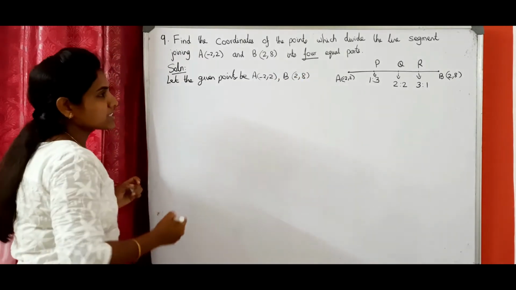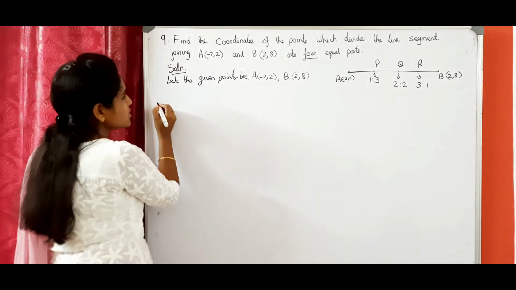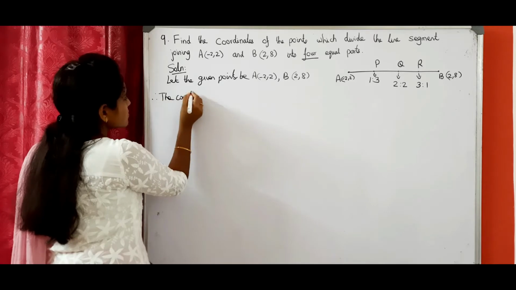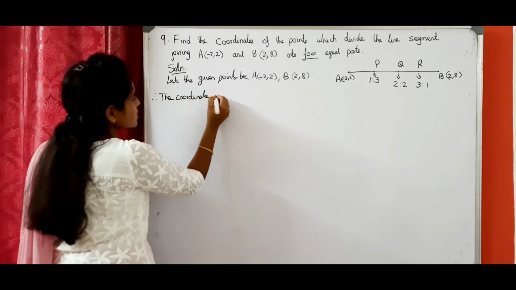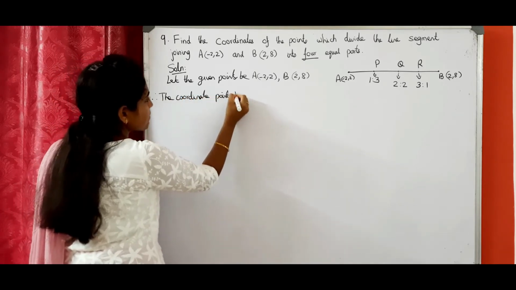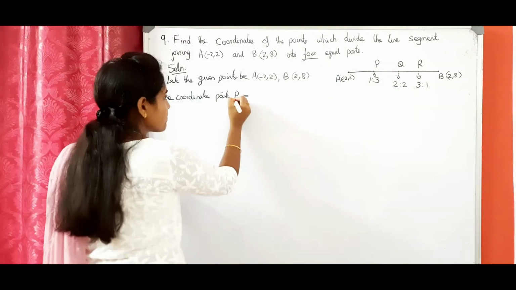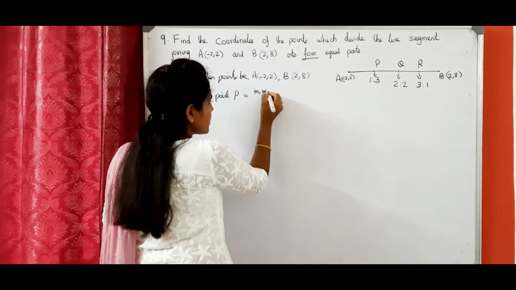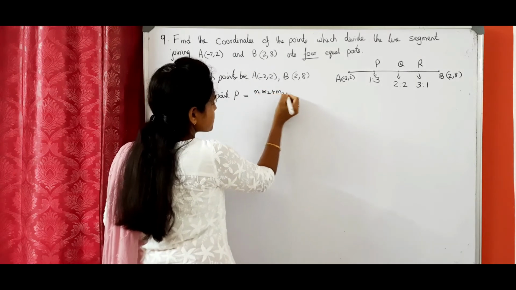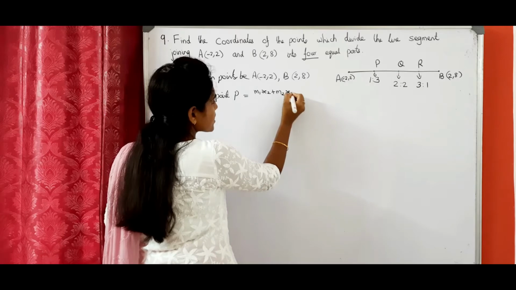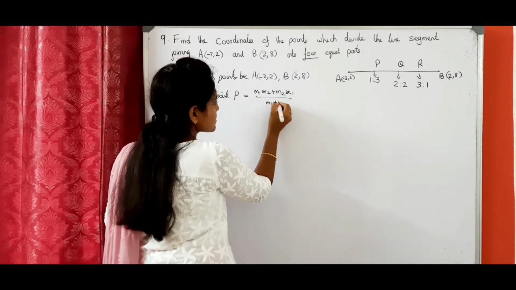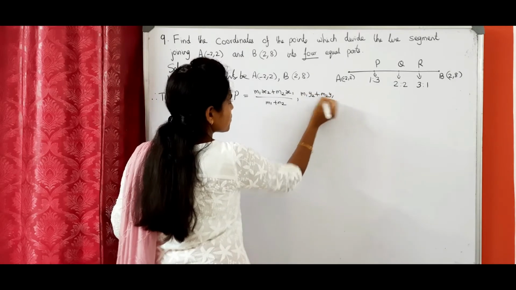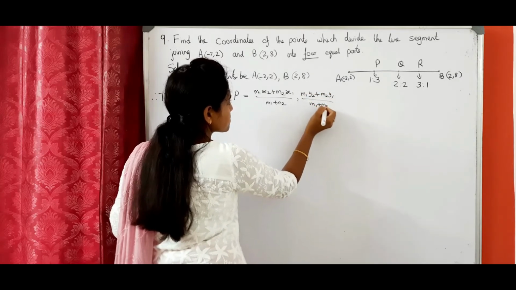We need to find first the coordinate point P. Therefore the coordinate point P equals, write the section formula: (m1 x2 + m2 x1) divided by (m1 + m2), (m1 y2 + m2 y1) divided by (m1 + m2).